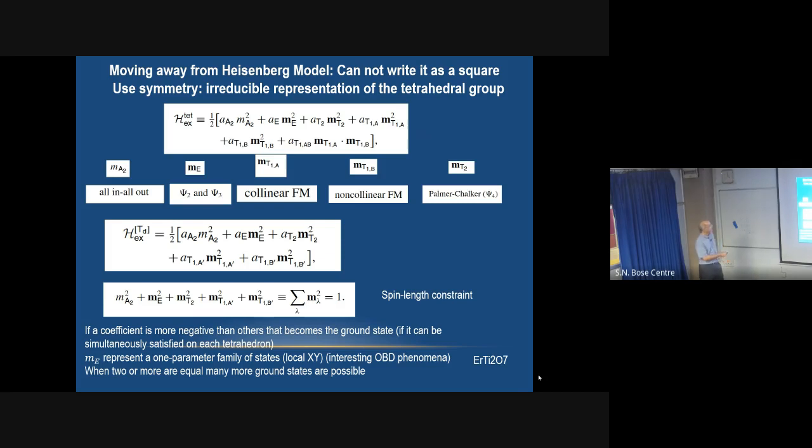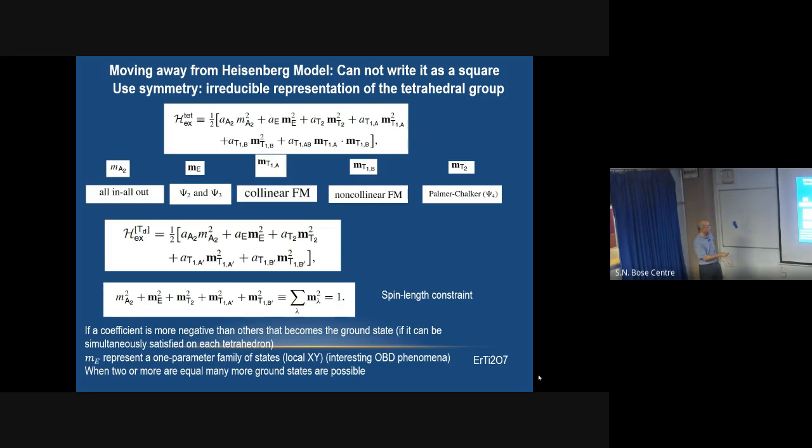There's another very useful analysis that one can do before doing any numerical calculation, and that is a symmetry analysis. You can use group theory, irreducible representations, to write a Hamiltonian with all the 4 terms in terms of the squares of different types of order parameter. And this can also be diagonalized.